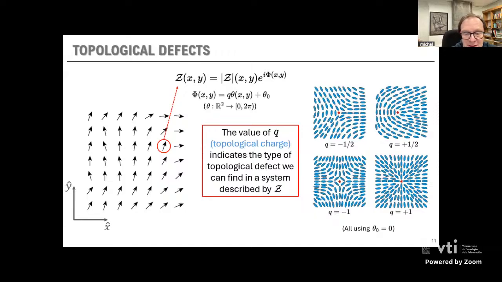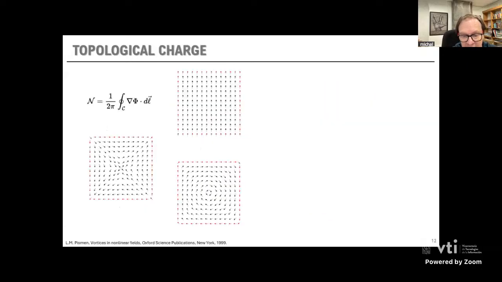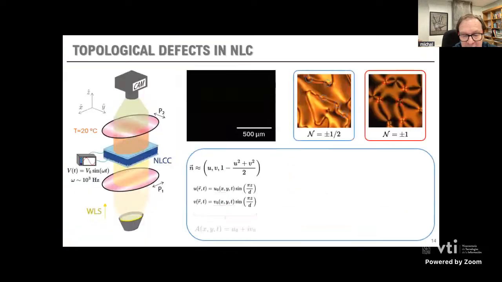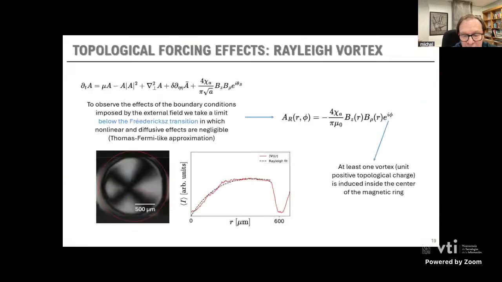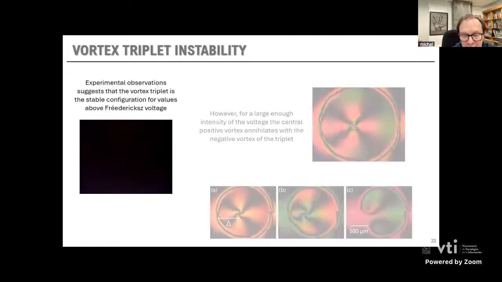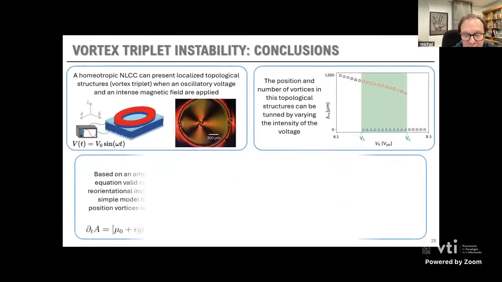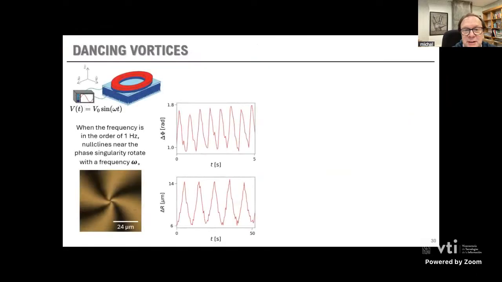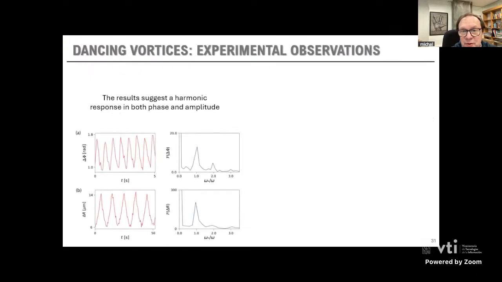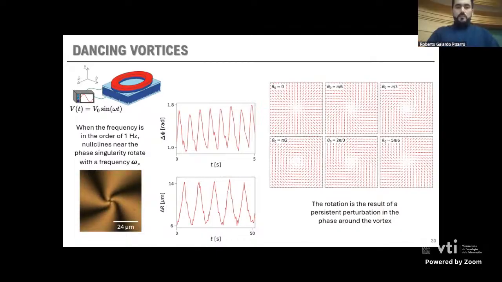Let's go to this dancing vortex, for instance. Let me just confirm first that the frequency of the response of the system is exactly the same as the frequency of the forcing, right? Yes.